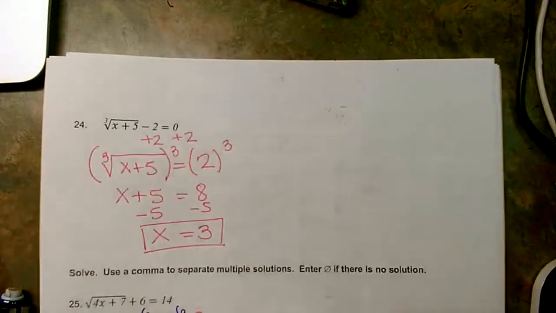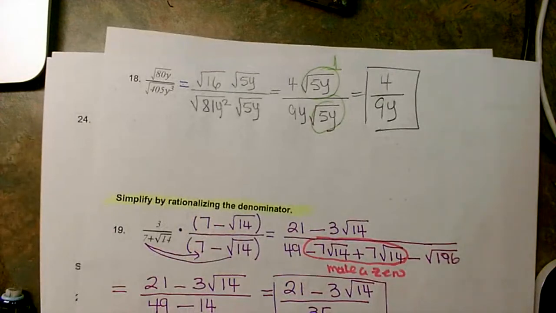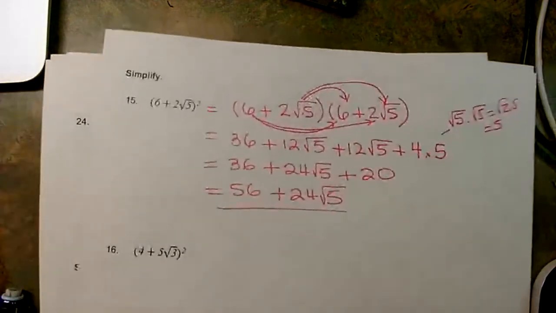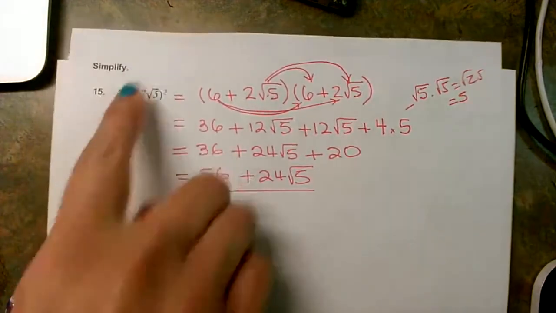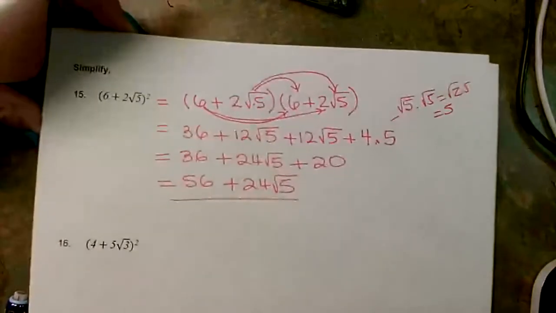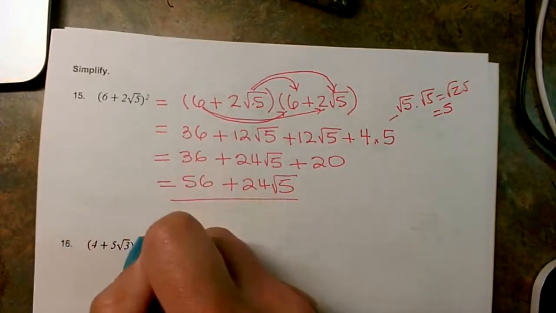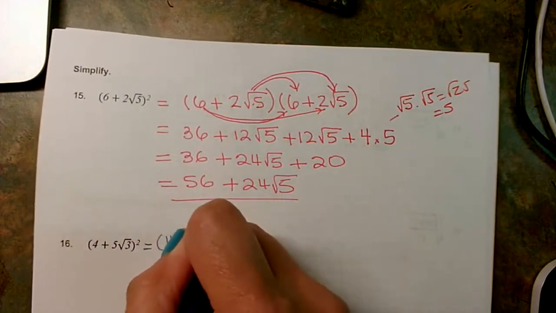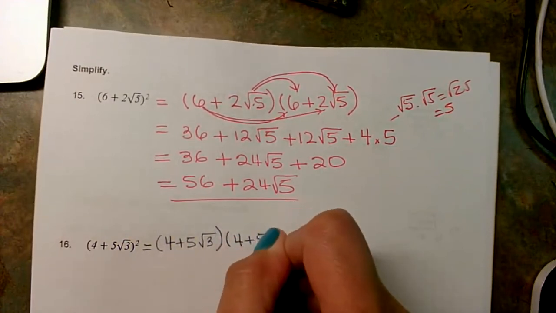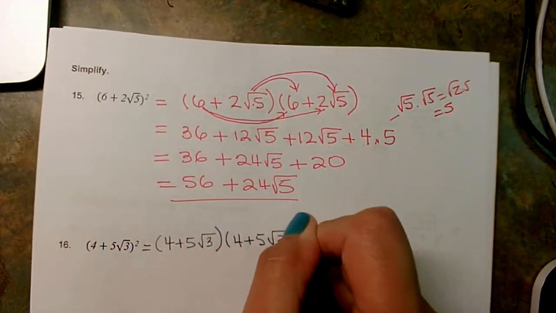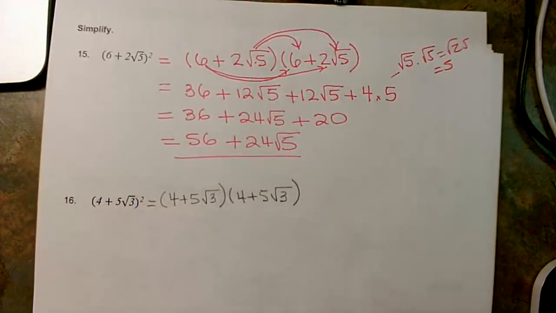Okay. Let's do 16. 16 says simplify, meaning I'm just going to multiply it. So it's going to be 4 plus 5 square root of 3, and 4 plus 5 times the square root of 3. The square here means that it's 2 of these ones.